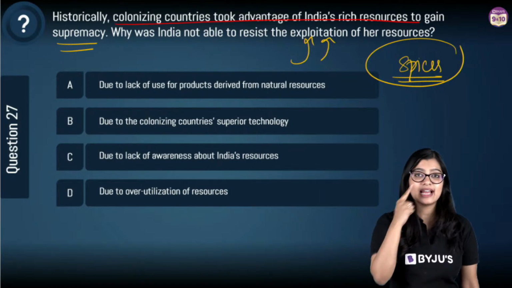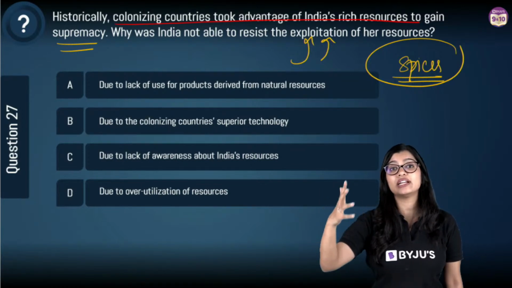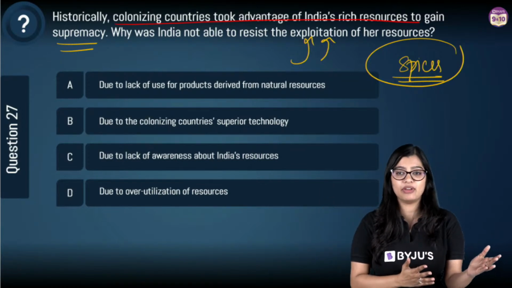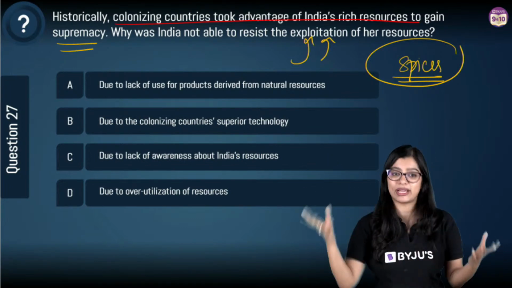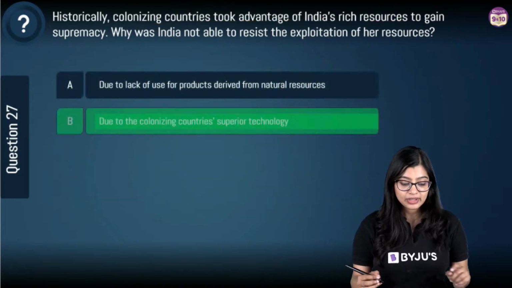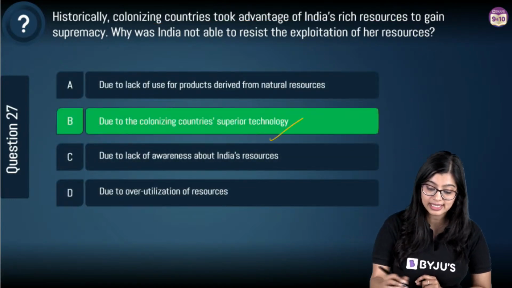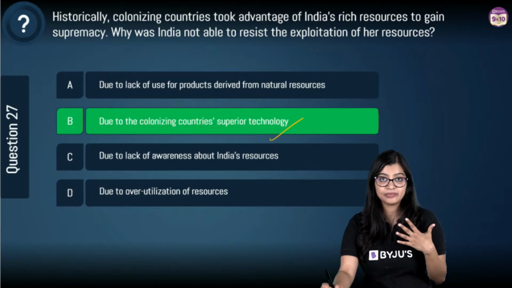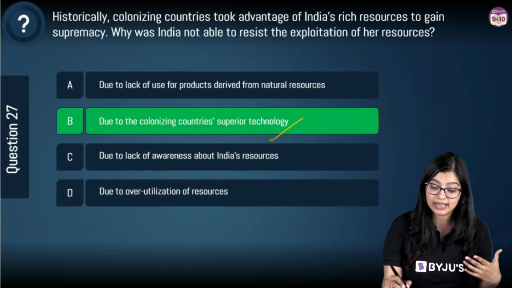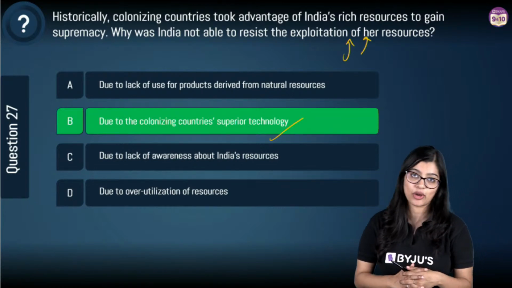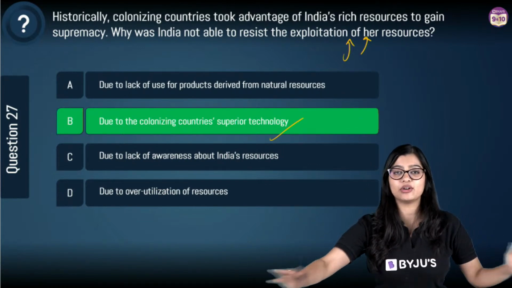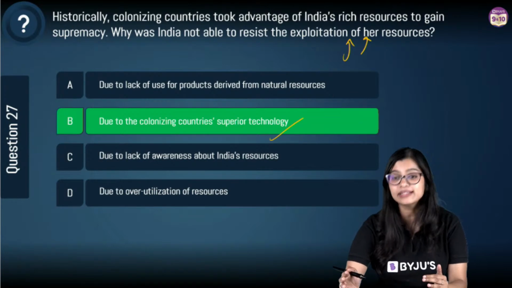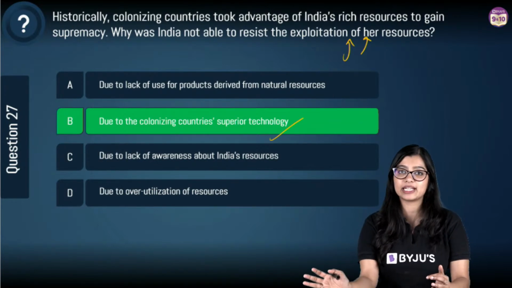At that point, we were not technologically advanced yet in order to export, which is why, due to the colonizing country's superior technology, India was not able to resist the exploitation. They did not just come and exploit. It started slow, but eventually it became exploitation.